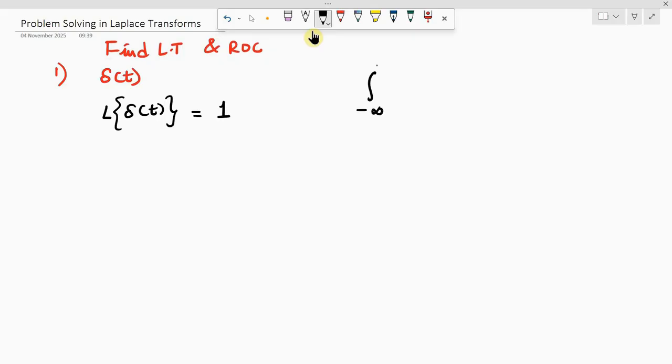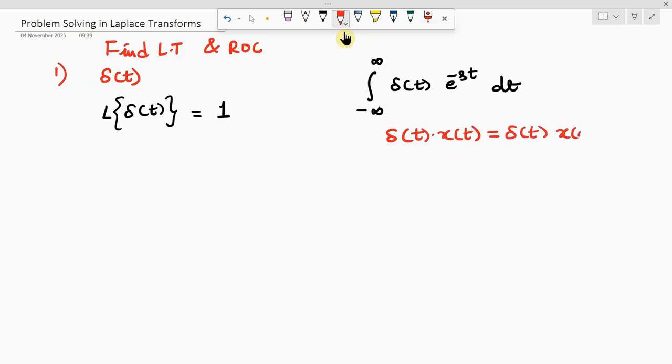Integral from minus infinity to infinity of delta of t e power of minus st dt, and based on the property that delta of t into x of t is equal to delta of t into x of 0, here delta of t into e power of minus st is written as delta of t into e power of 0.